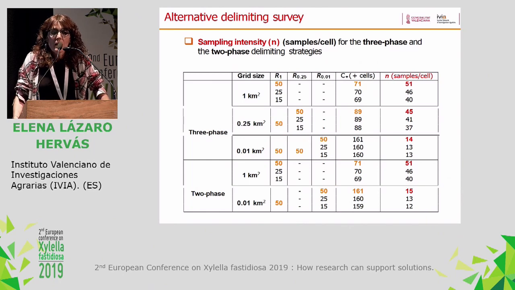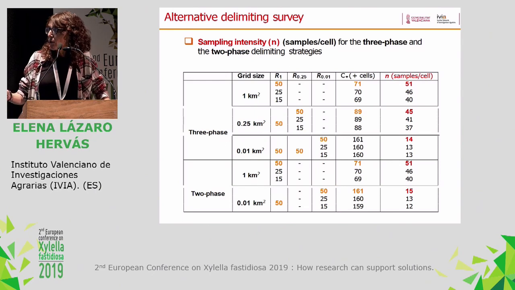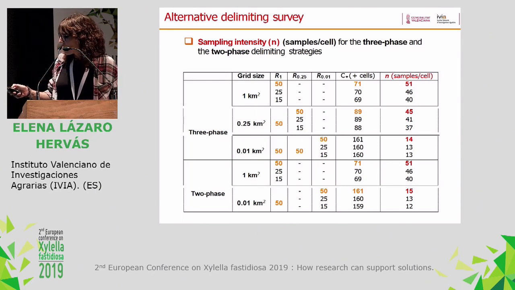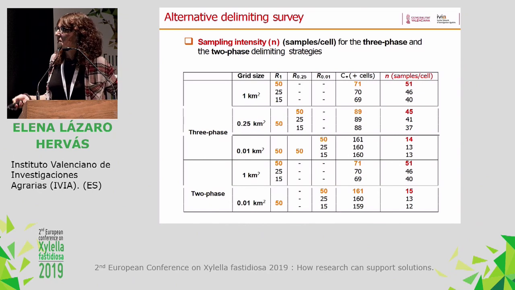Sampling intensity, that is to say the number of samples to be taken in a specific cell, for the 3-phase and the 2-phase designs is estimated using the optimization algorithm that I have explained before. For the 3-phase strategy, it is 51 samples per cell for the 1 kilometer grid size, 45 samples per cell in the 0.25 kilometer grid size, and 14 samples per cell in relation to the 0.01 kilometer size.